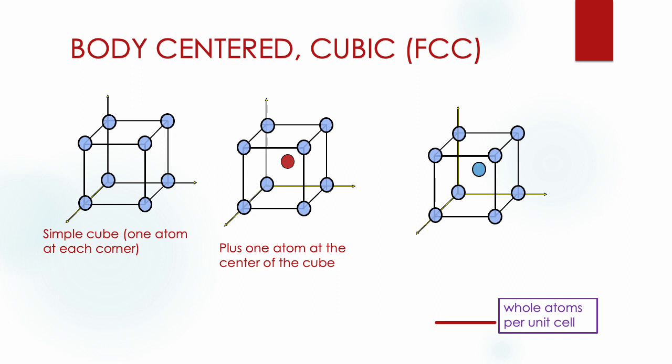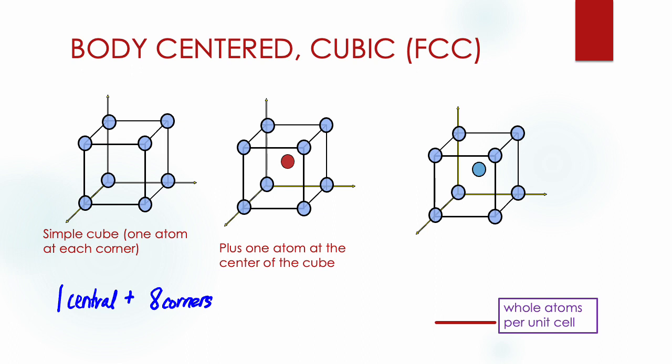And so for the body-centered cubic unit cell, there's one central atom, and then there's an atom at each of 8 corners. But the whole atom isn't in the cell. Only part of that atom is in the cell. It's actually 1/8 of the atom.